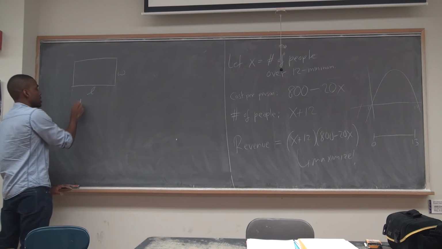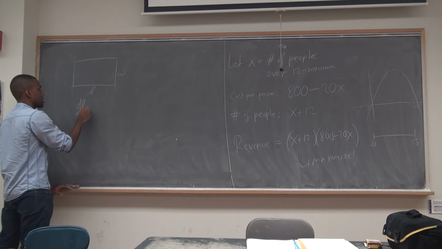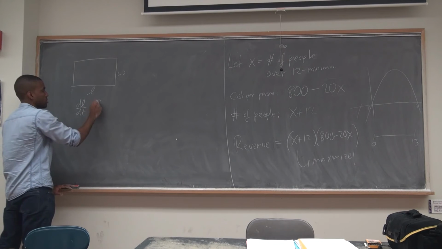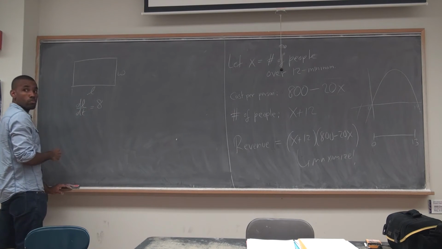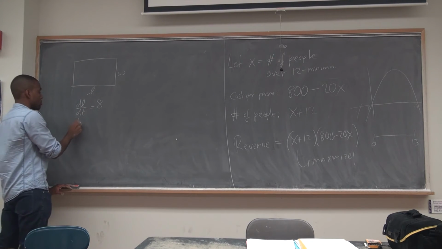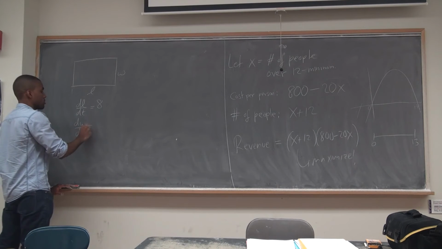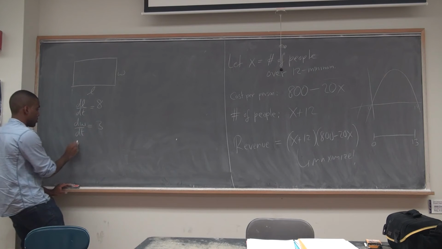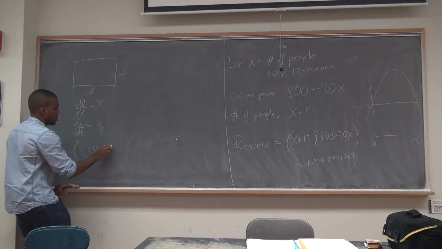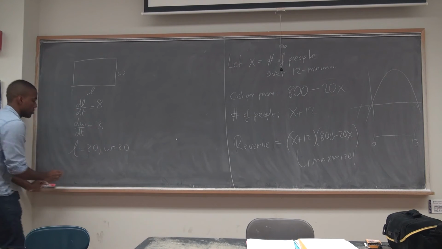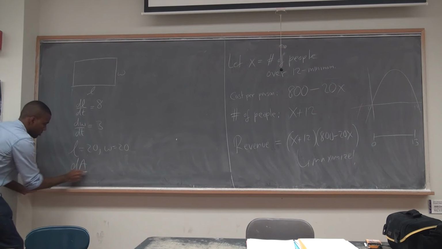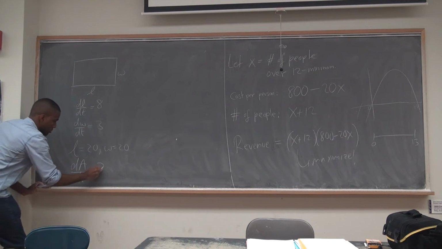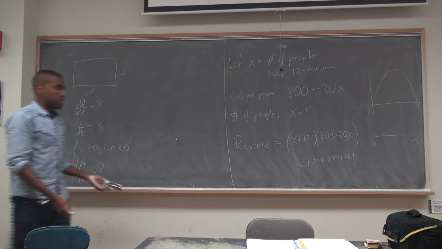And I know the length is increasing at 8 centimeters per second, and its width is increasing at a rate of 3 centimeters per second. When the length is 20 centimeters and the width is 10 centimeters, how fast is the area of the rectangle increasing? Right, so that's the question.